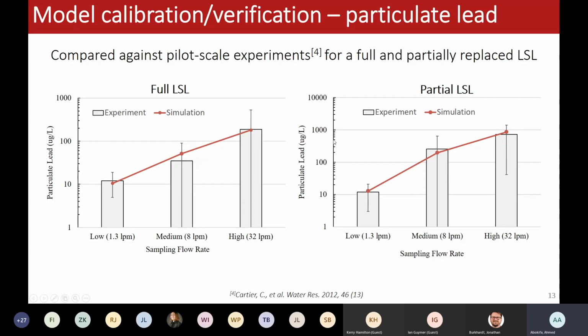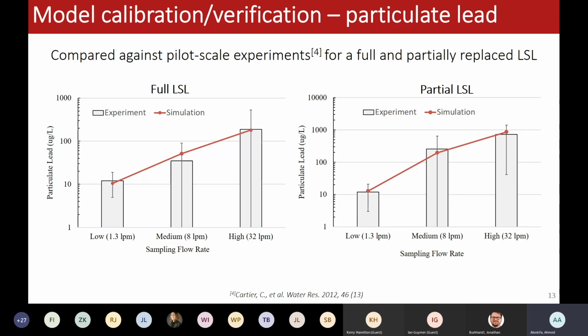And also the release of particulate lead from the partially replaced lead service line is significantly greater than that for the full lead service line, almost 1 order of magnitude higher, which perhaps tells us that it might be even better to leave the full pipe in place rather than partially replacing it with a copper pipe upstream of a partial lead pipe downstream.